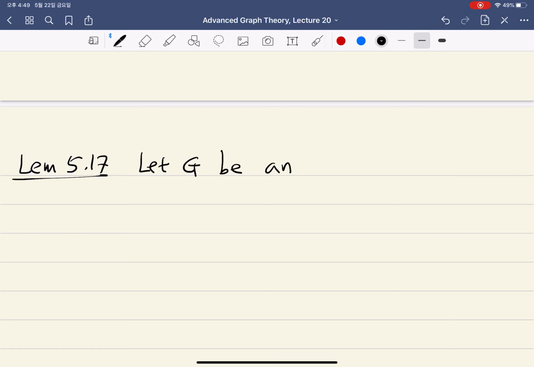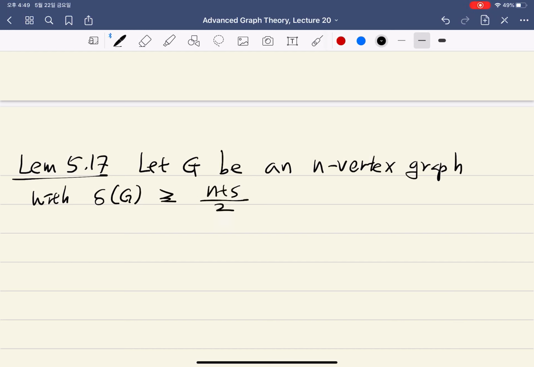So let G be an n-vertex graph, again with minimum degree at least (n plus s) over 2, for s at most n minus 3.